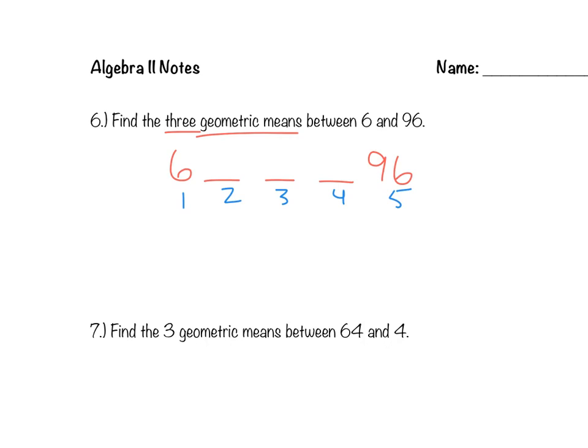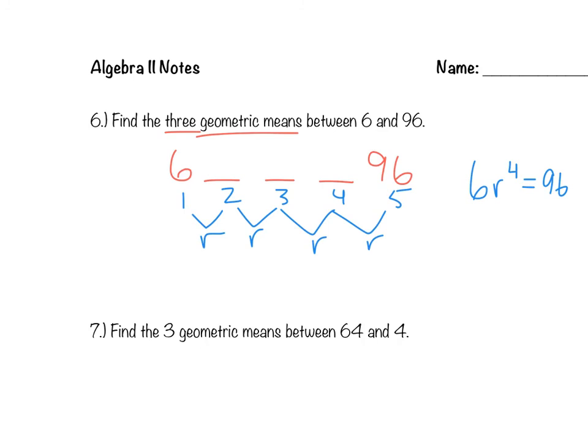This is r, then times r, then times r, then times r. So the number 6 will be multiplied times the ratio four times, or 6 times the ratio to the 4th. And that should equal 96.